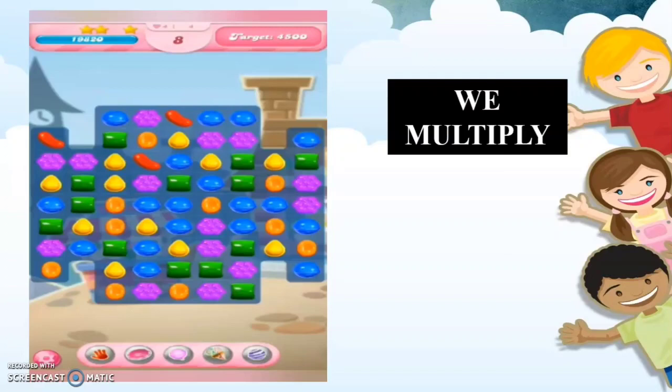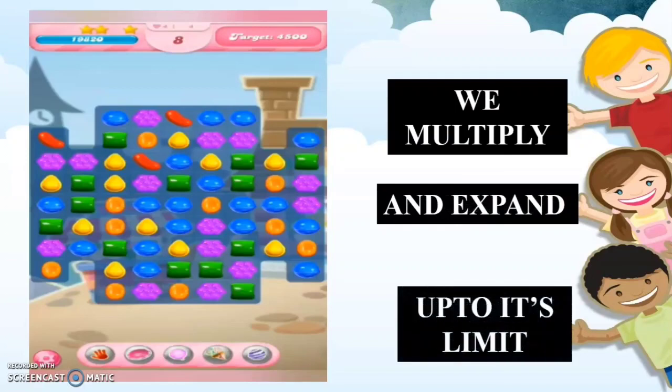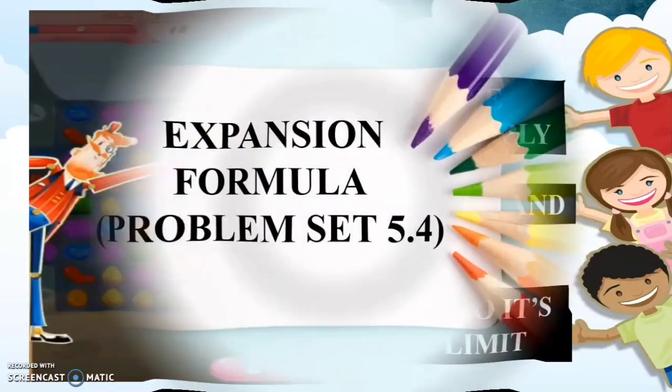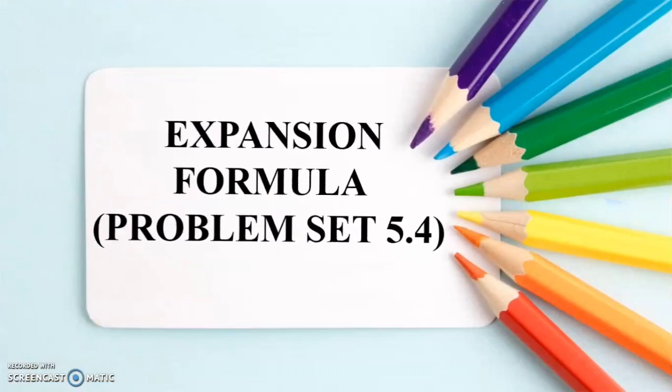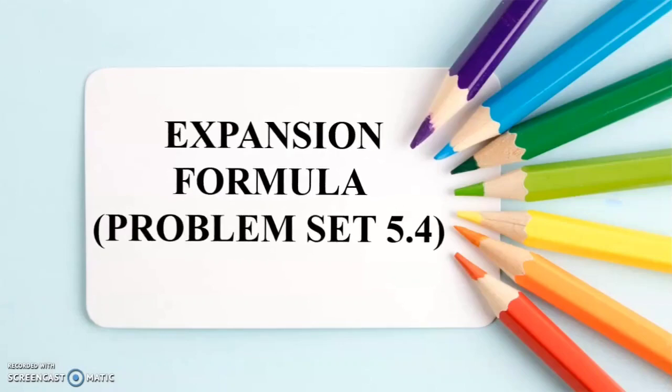And then the bigger version gets expanded and expanded up to its limit. So students, today we will also learn how to expand a formula when we have three variables and learn more about expansion formula.